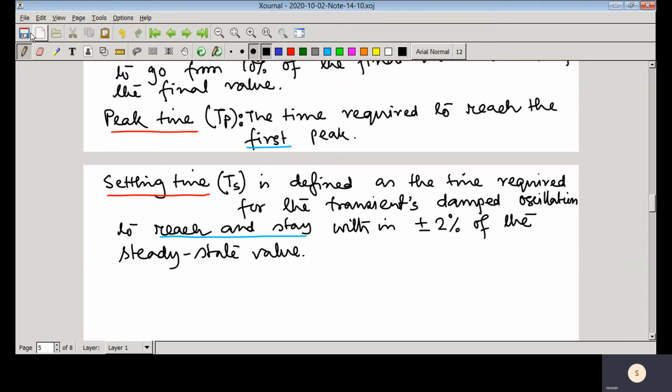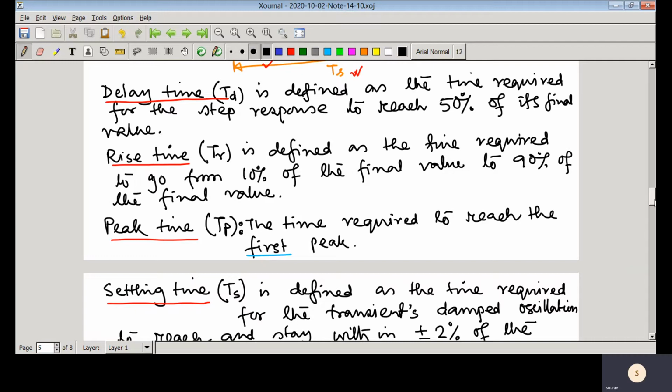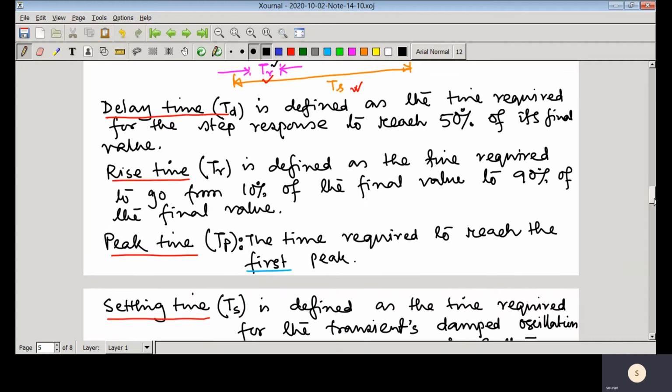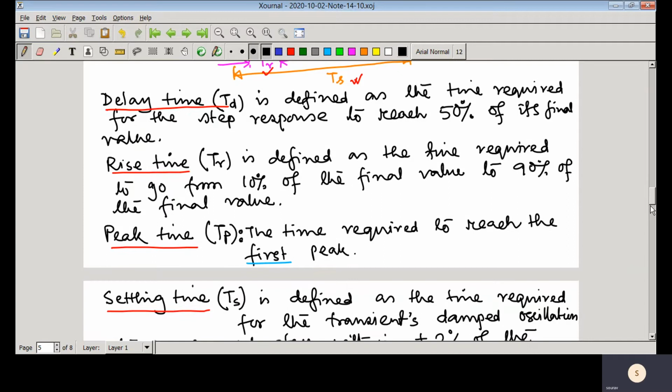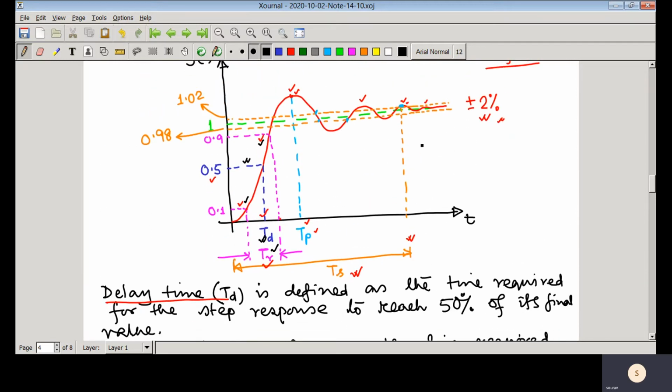So now the question is why the four definitions are required, or what is the importance of those four definitions. This is very simple. If you know the delay time, rise time, peak time, settling time, or at least 2 or 3 among them, then it is easy to characterize the time response of a second order system.